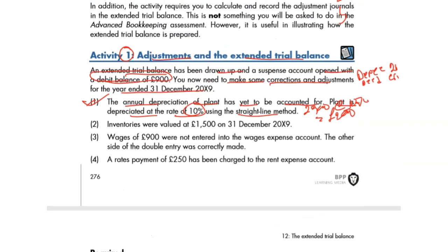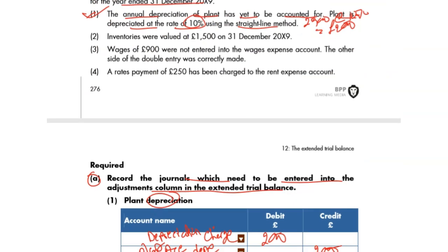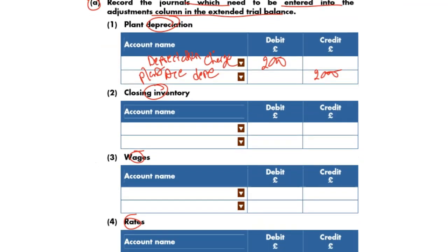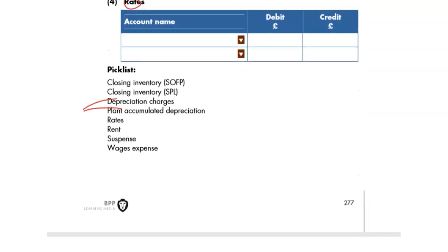Okay, next one. Next one is about inventories were valued 1,500. This is your closing inventory. And how do you do the journal? Closing inventory debit into the SOFP because it's a current asset, and closing inventory credit in the SPL. Let's see, what do we have in the pick list? Yeah, SOFP, SPL.